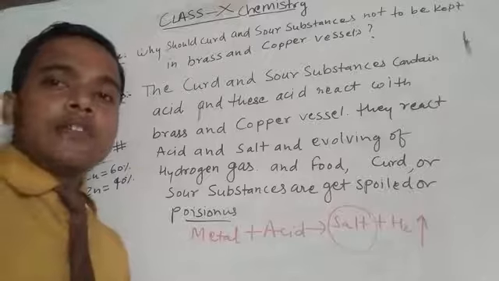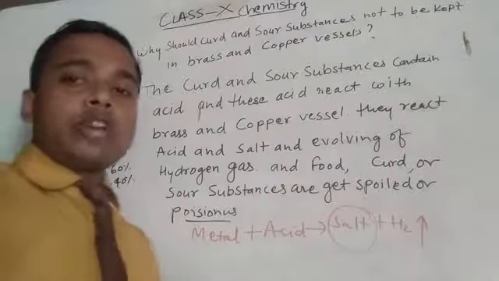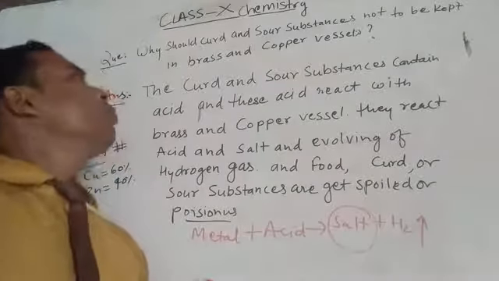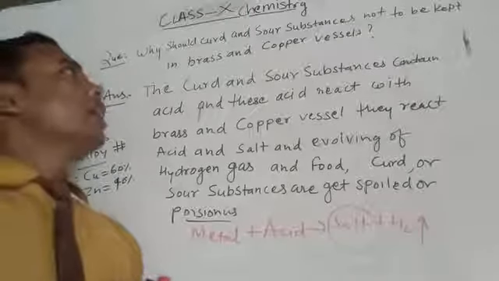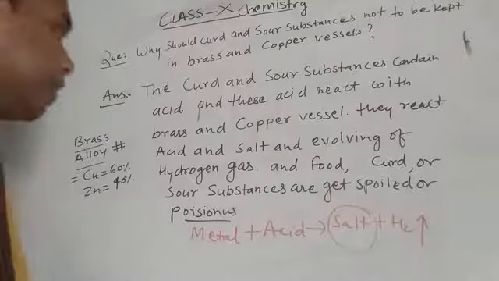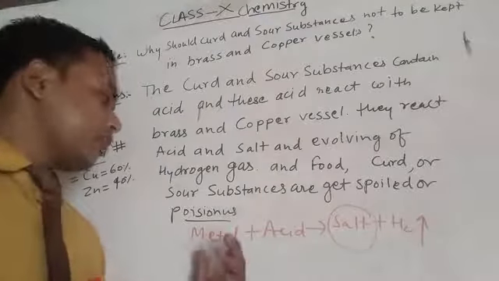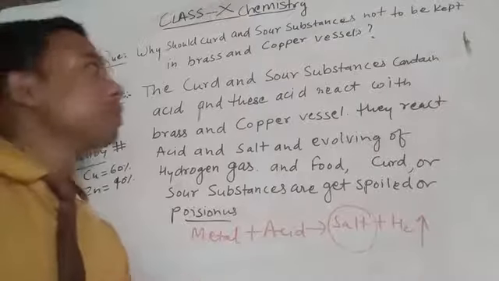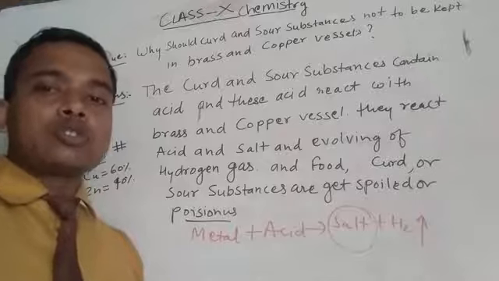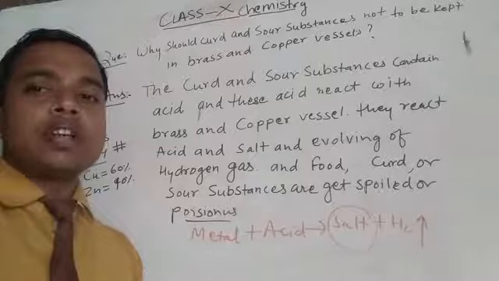So that's why we do not keep different types of curd or sour substances in brass and copper vessels. In this way we can easily understand. These metals, brass and copper, react with acid, that is the sour substances and curd, and they form salt plus hydrogen gas.